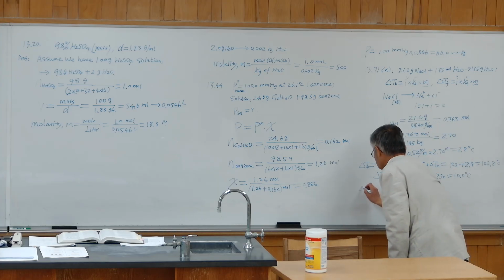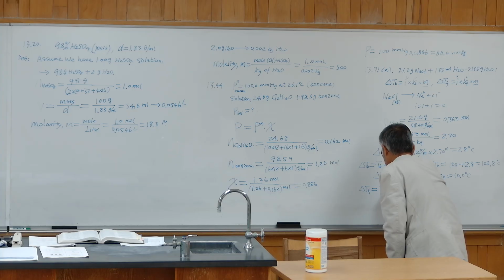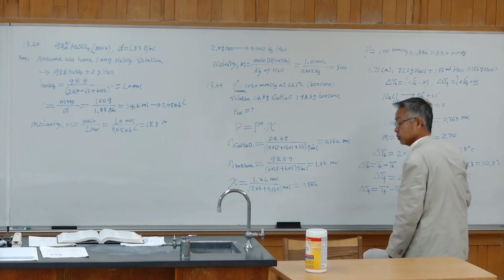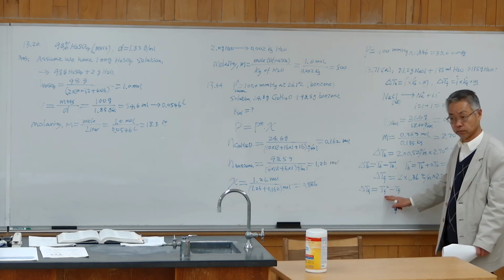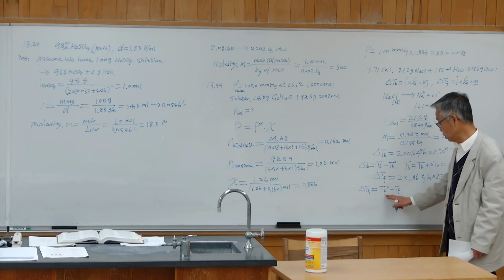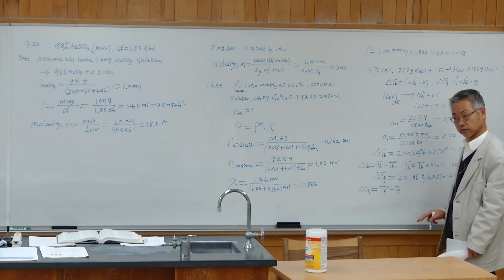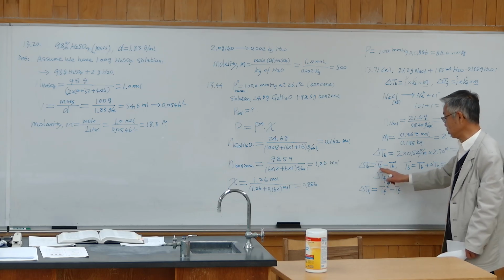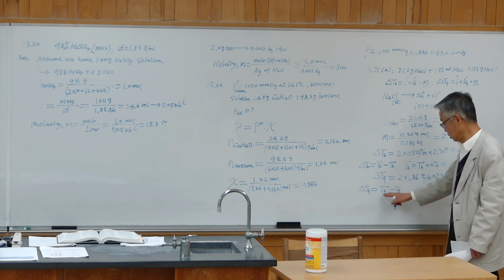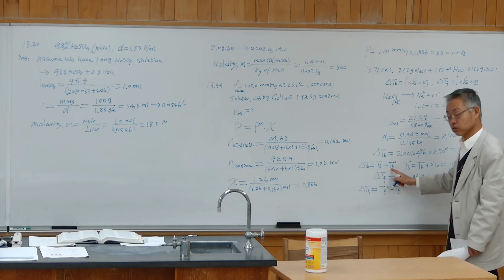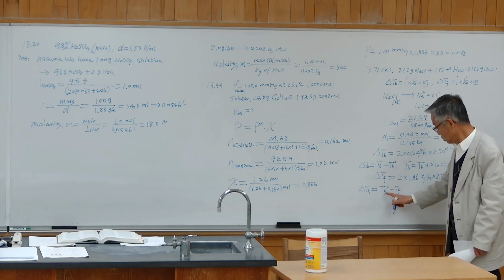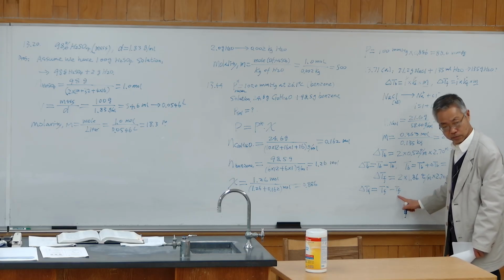While delta TF actually means TF0 minus TF, the solution's TF is lower than the pure solvent's TF. Delta TB is TB minus TB0. This is the opposite, because the solution's boiling point is higher than the solvent's, and the solution's freezing point is lower.